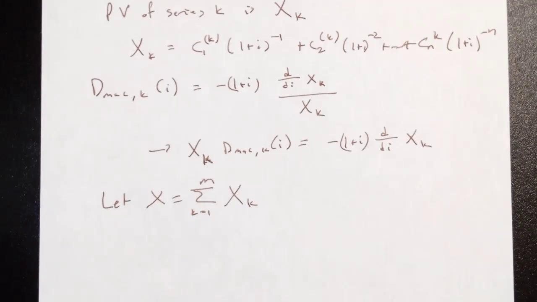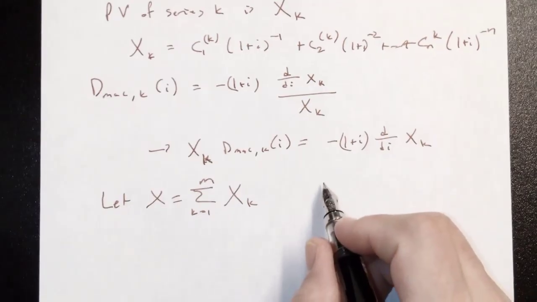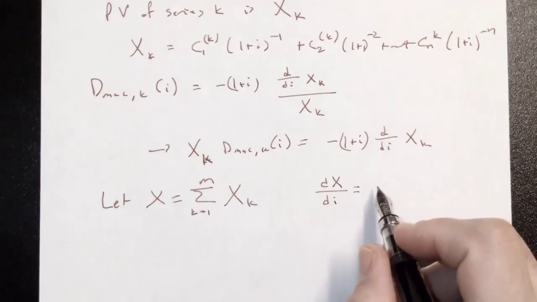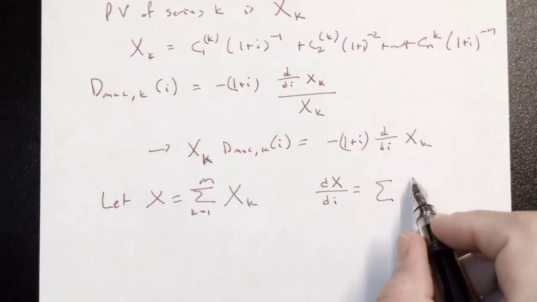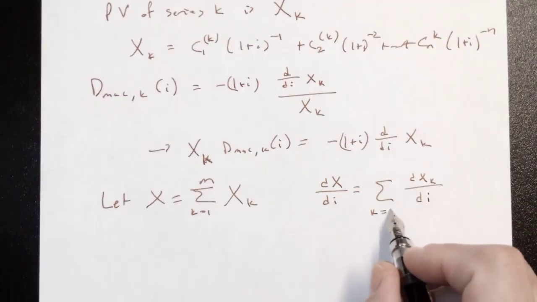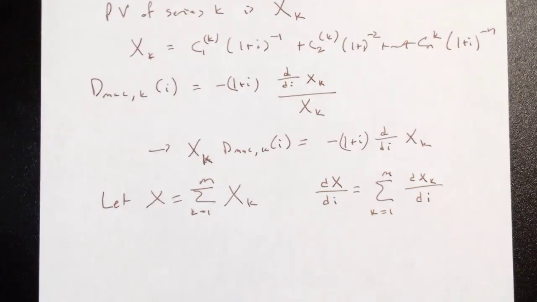Since I'm just adding, and when you take the derivative of a sum, you get the sum of the derivatives, I know that the derivative of X with respect to I is the sum of the derivatives of each of the pieces, then I can figure out the total duration.